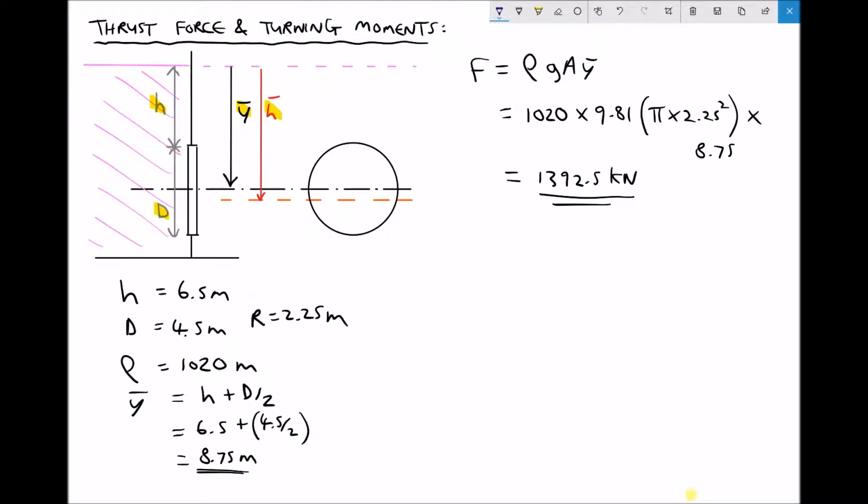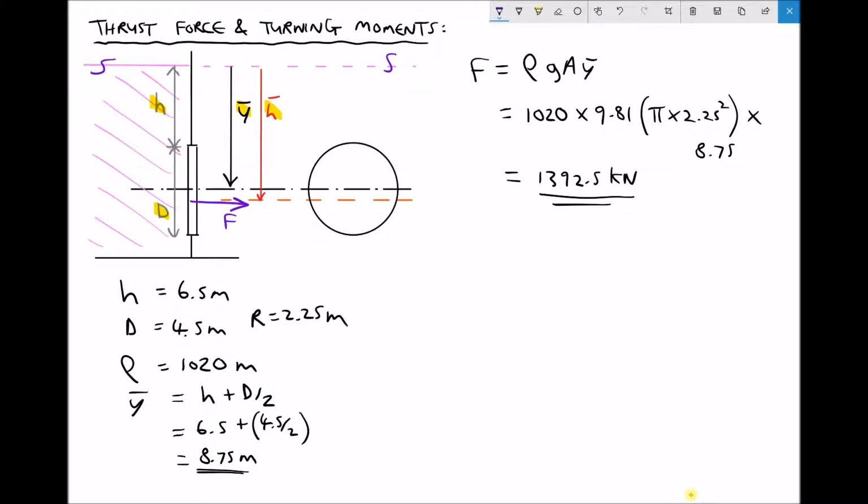The next thing we need to determine is where that thrust force acts. As we said previously, that thrust force is horizontal and it acts at the centre of pressure. So we need to determine the distance from the free surface, SS, to the centre of pressure.